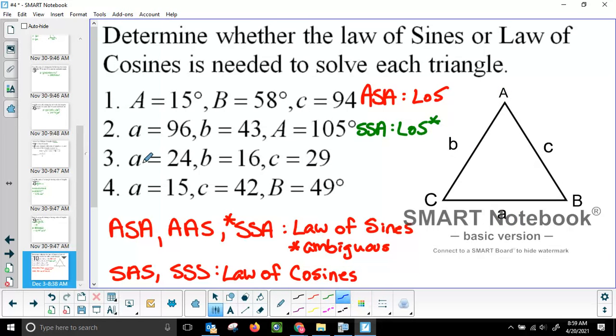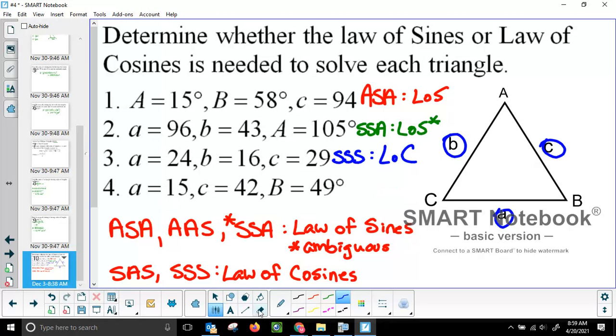So number 3, we're given A, B, and C. That is side, side, side, so that is law of cosines, specifically the alternate form of law of cosines, which you should have watched in the video yesterday.